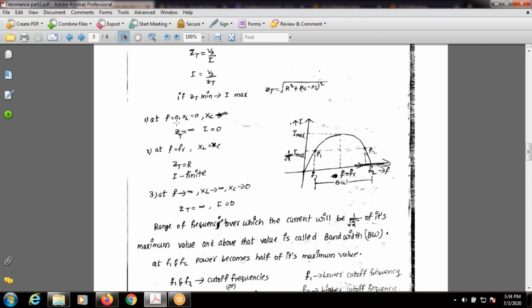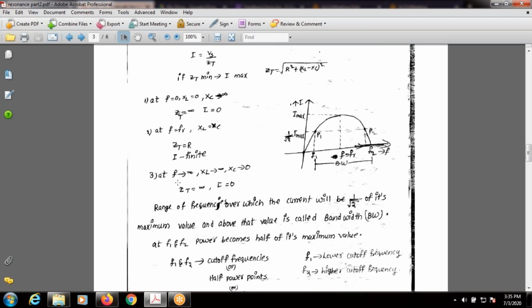Once again, at F equal to 0, XL is equal to 2 pi FL, so XL is 0. XC is equal to 1 by 2 pi F, that's why XC is equal to infinity. So the total impedance in the circuit is infinity only. In the second case, at F equal to FR, the total impedance in the circuit is only R, and I is finite. What is I equal to? That is equal to V by R only.